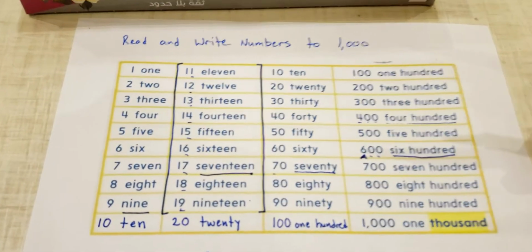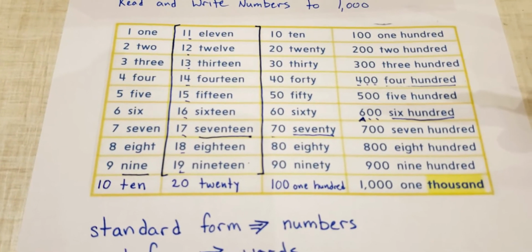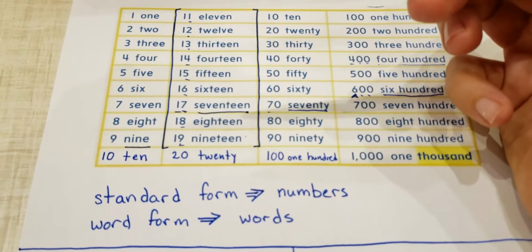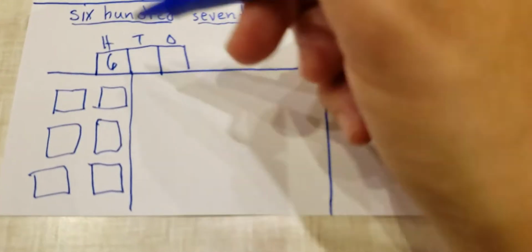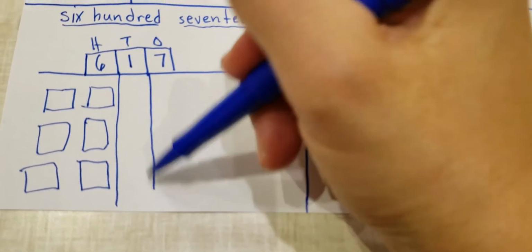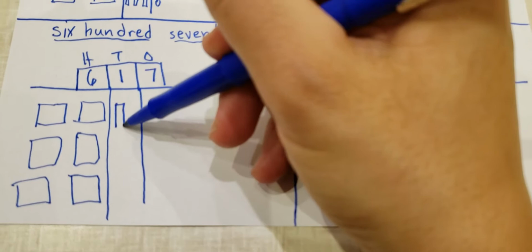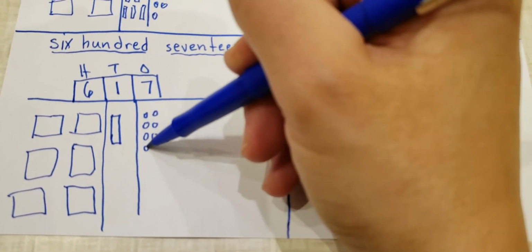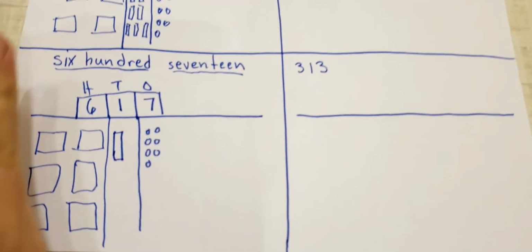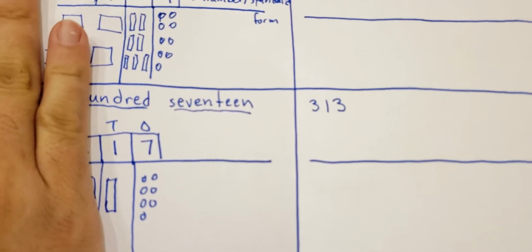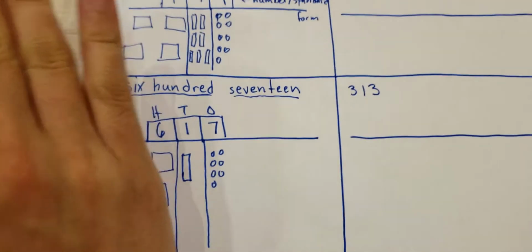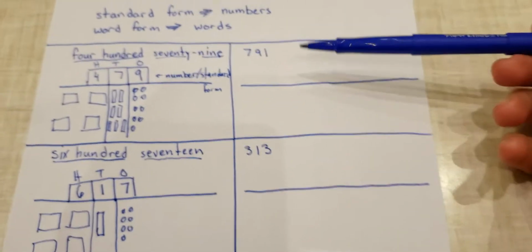And this can confuse some students. 17 we see here is a 1 and a 7, all right? 1 ten and 7 ones. If we were to draw that, we have our 1 ten and 1, 2, 3, 4, 5, 6, 7. We know that if I cover this up, that's going to make 17. Okay? All right, there's a reason I bring that up. I'll show you on this side.